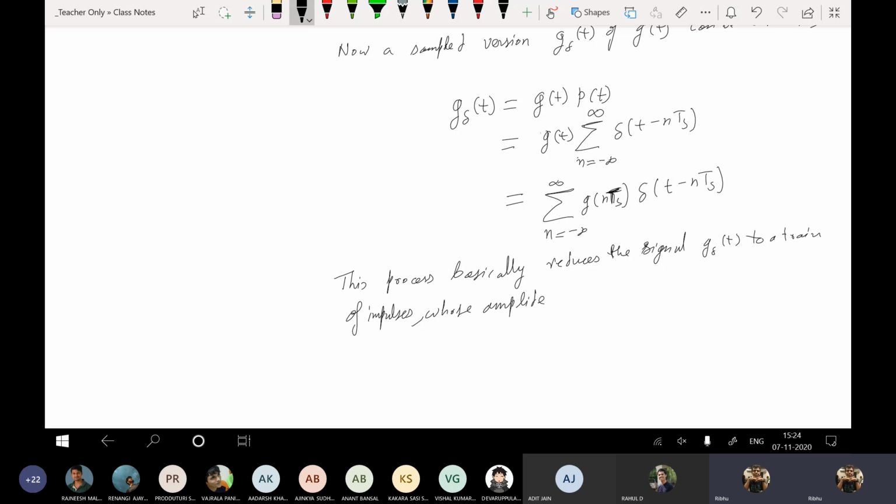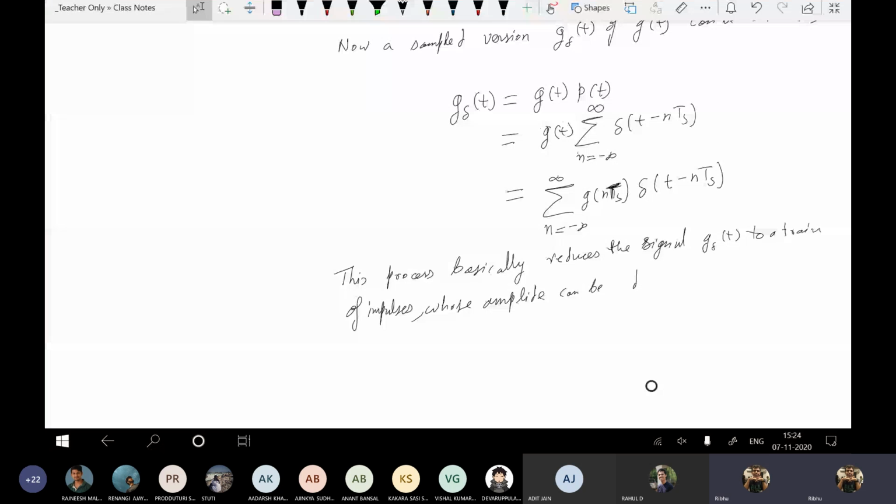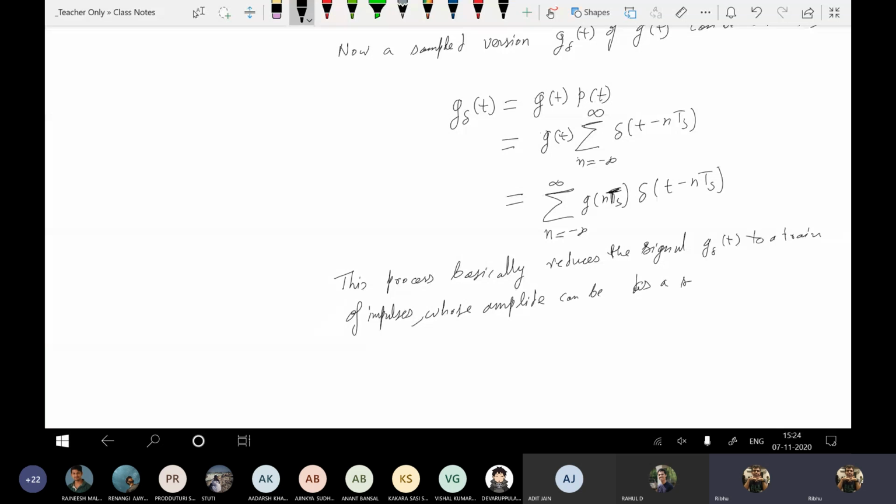We cannot have the delta functions practically, right? Yes, sir. Fine.